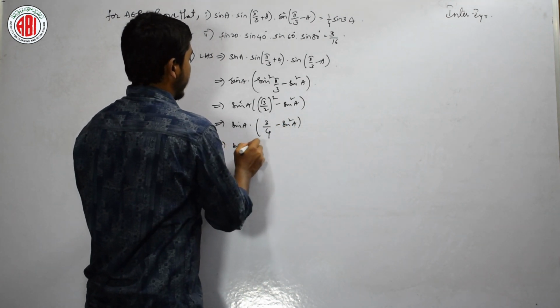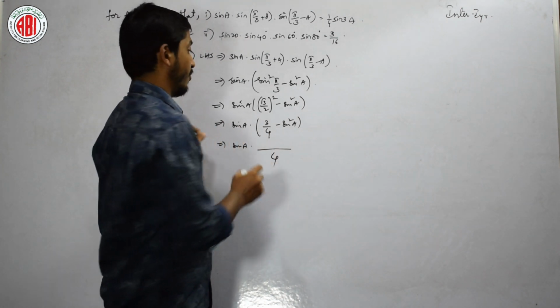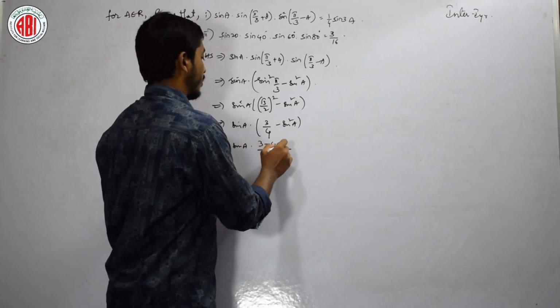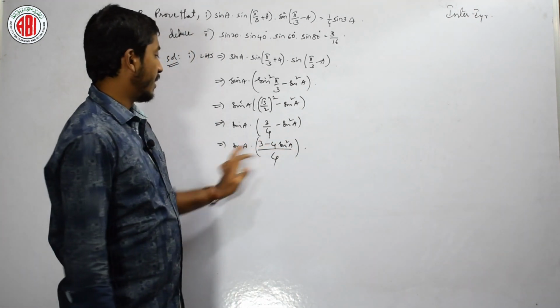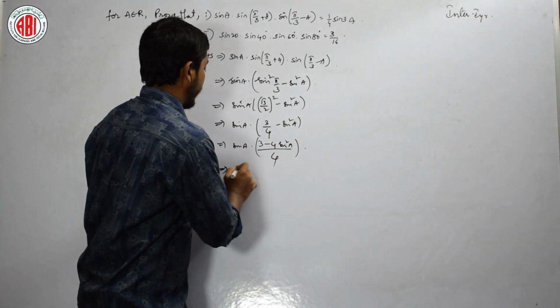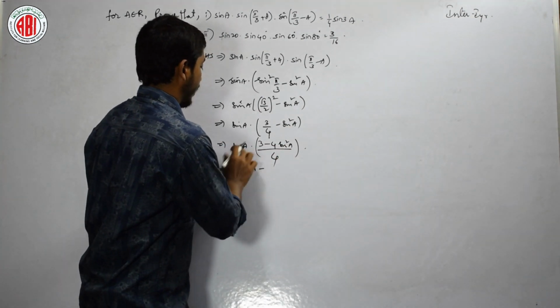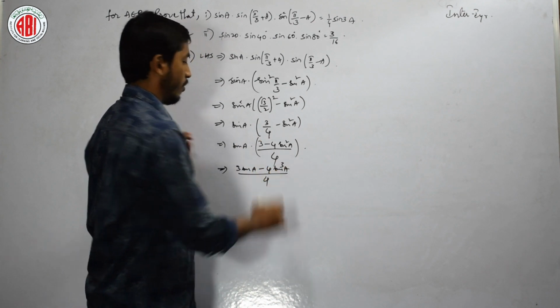Now let us write it as 3 by 4 minus sin square A. Now let us take the LCM here. It will be 4, then if we multiply 4 that side, it will become 3 minus 4 sin square A. Now let us multiply this whole thing by sin A. It will become (3 sin A minus 4 sin cube A) by 4.